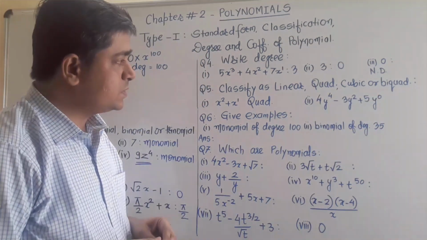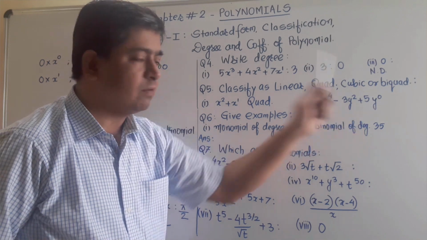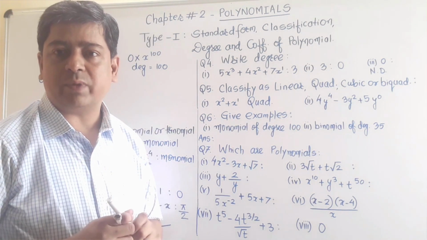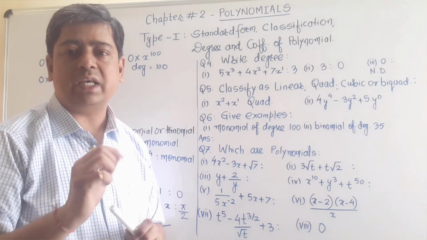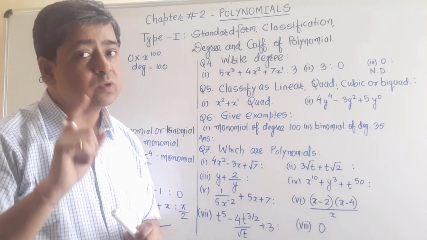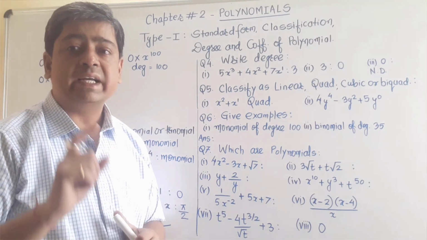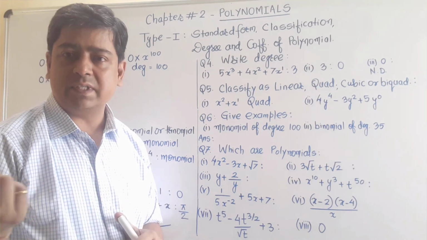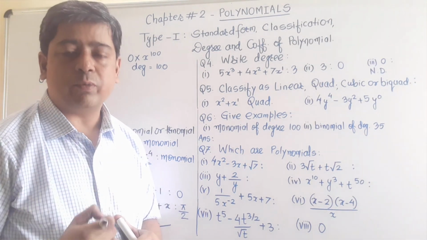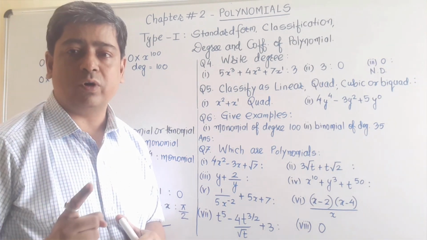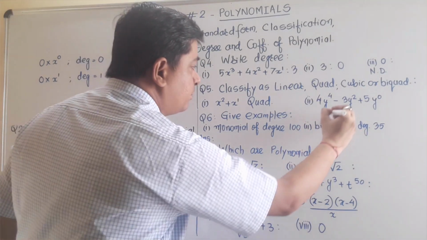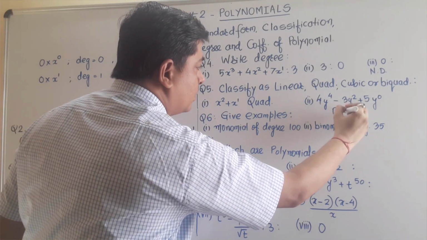So observe all three powers. Which is the highest? The highest power is 4. Degree means the highest power, so if a polynomial's degree is 4, we can say that the polynomial is a biquadratic polynomial.